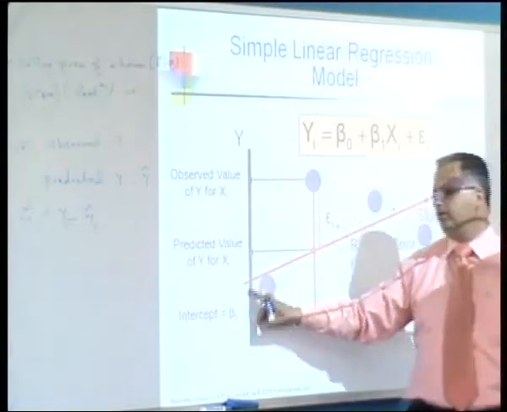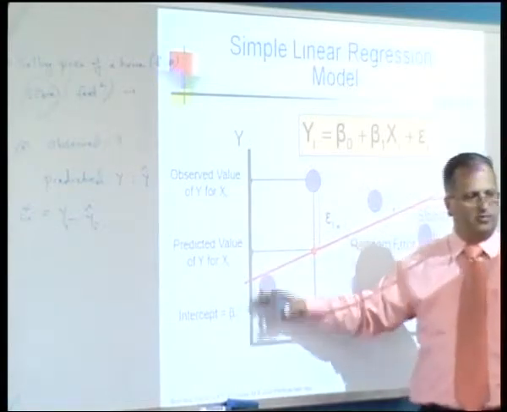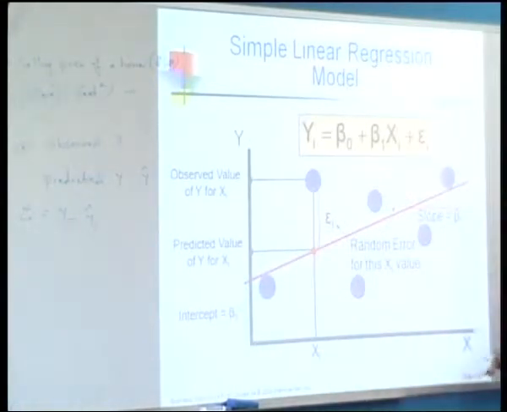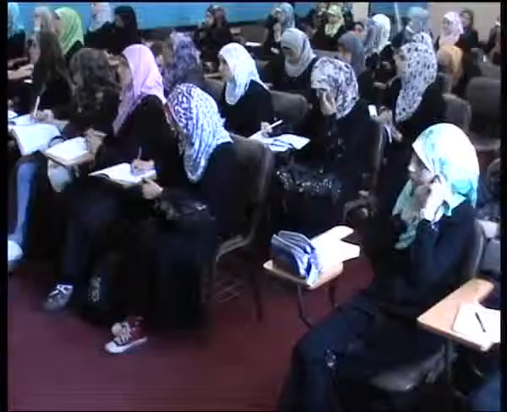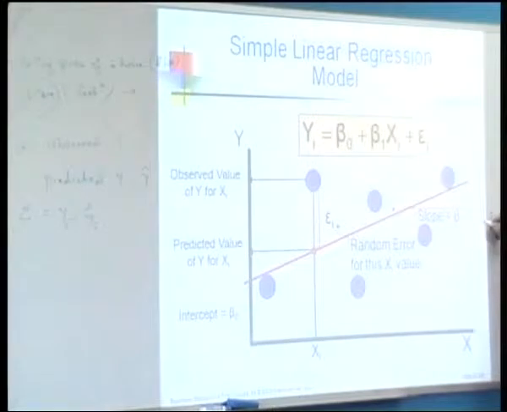Again, beta 0 is the intercept. As we mentioned before, it could be positive or negative or even equal 0. The slope is a change in y divided by a change in x.